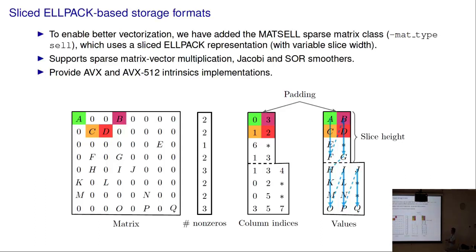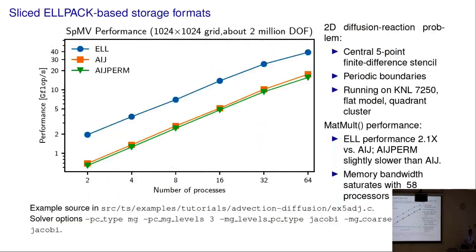Like it doesn't support the ILU preconditioner. Basically it just does variants of matrix vector multiplication and also forming Jacobian and SOR smoothers. So we added this, and we provide AVX and AVX512 intrinsics implementations of this. And if you construct things right, this can actually give you pretty good performance.